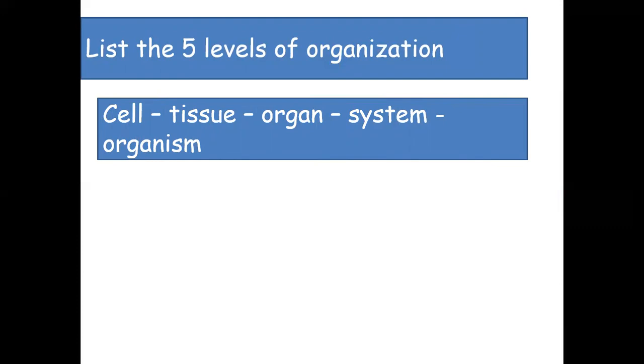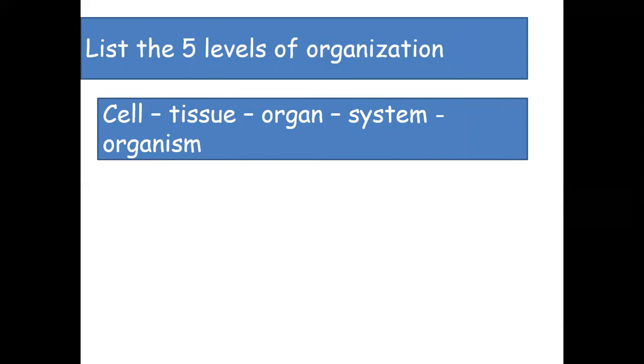A group of different tissues performing a similar function make an organ. A group of different organs having a common function make a system. And a group of different systems having different functions make an organism. So these are the 5 levels of organization in an organism, not only in the human body. In an organism, I mean in a living thing.